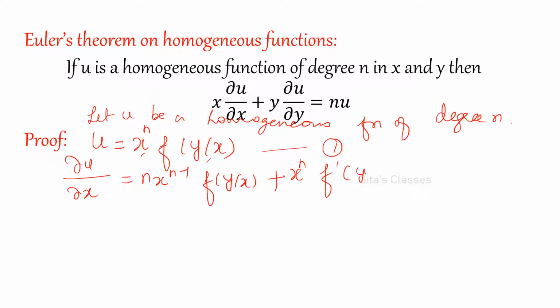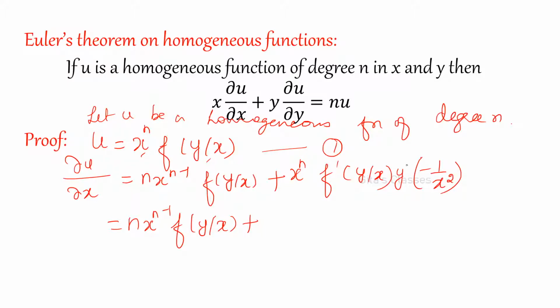So f dash of y by x into, since I have x in the denominator, y as it is and minus 1 by x squared, right? So this is equal to n into x power n minus 1 into f of y by x, plus x power n minus 2 into y into f dash of y by x.